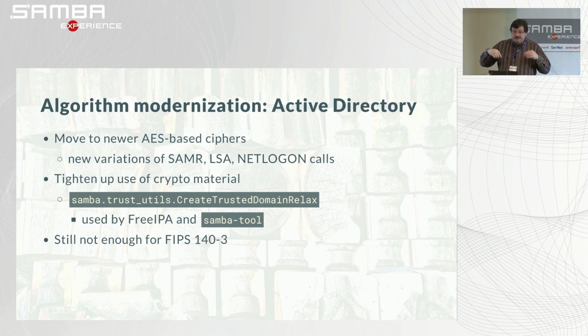This function then enforces that the connection over which trust is established uses a session with a session key based on AES, and therefore applies FIPS kind of requirements towards the secured connection, because whatever is in that AES protected session is considered plain text, and we can handle that just nicely. But of course, because this uses cryptography that is strictly speaking not valid for 140-3, it's still not enough there.